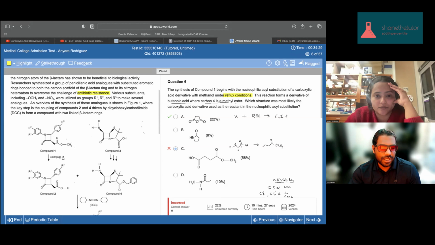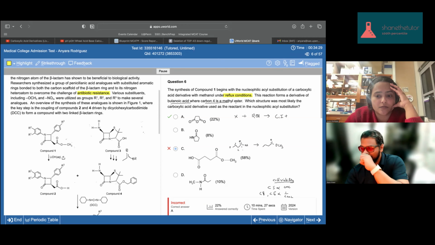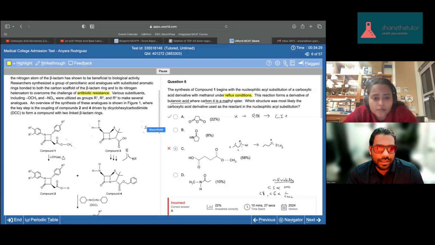Just in general, you can have a carboxylic acid, and you can add SOCl2, which would look like this.